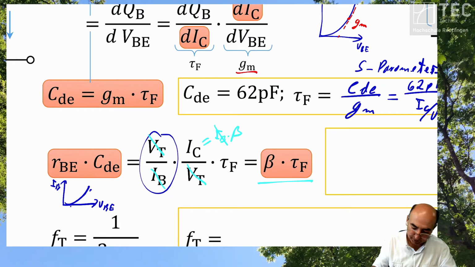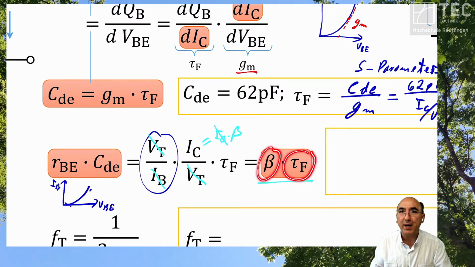And left over is beta times tau F. So your input corner frequency, your input time constant, can't be manipulated by you. It is given by technology, by beta, and by the time of flight.